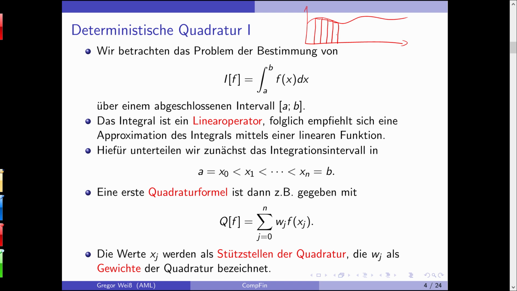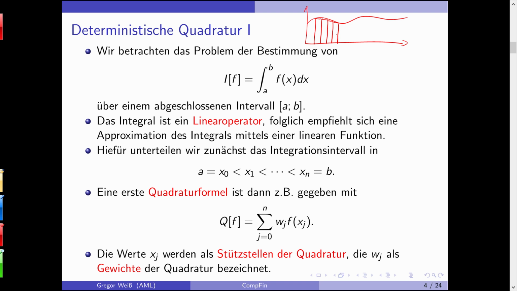And we're starting by dividing up the integration interval. We're interested in the integral from a to b of function f. And we are cutting this interval into little pieces with x0, x1, x2, and so on, xn. x0 is the first point, xn is the last point.